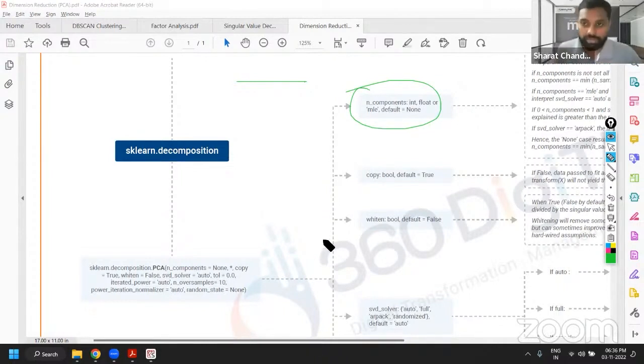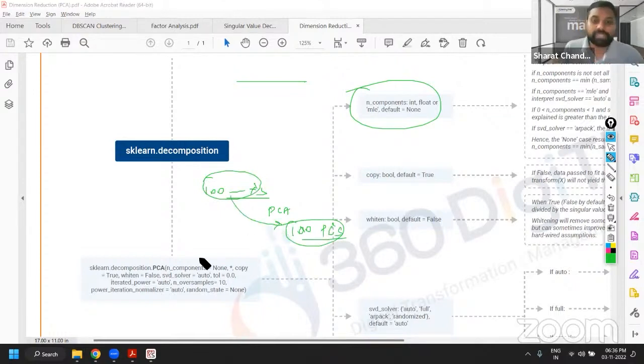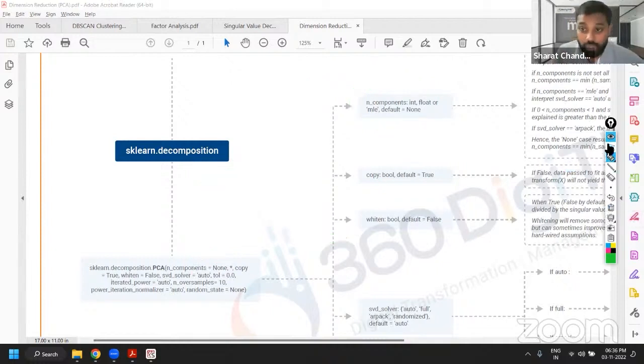What will you do by taking the same number of columns? If I have 100 original columns, and if you do PCA and again get the same 100 PCs, then there's no point in implementing this logic. So what should be the number of principal components that you want this information compressed to? That itself is the first hyperparameter that we need to pass, and it is going to define the entire algorithm's performance on this data.